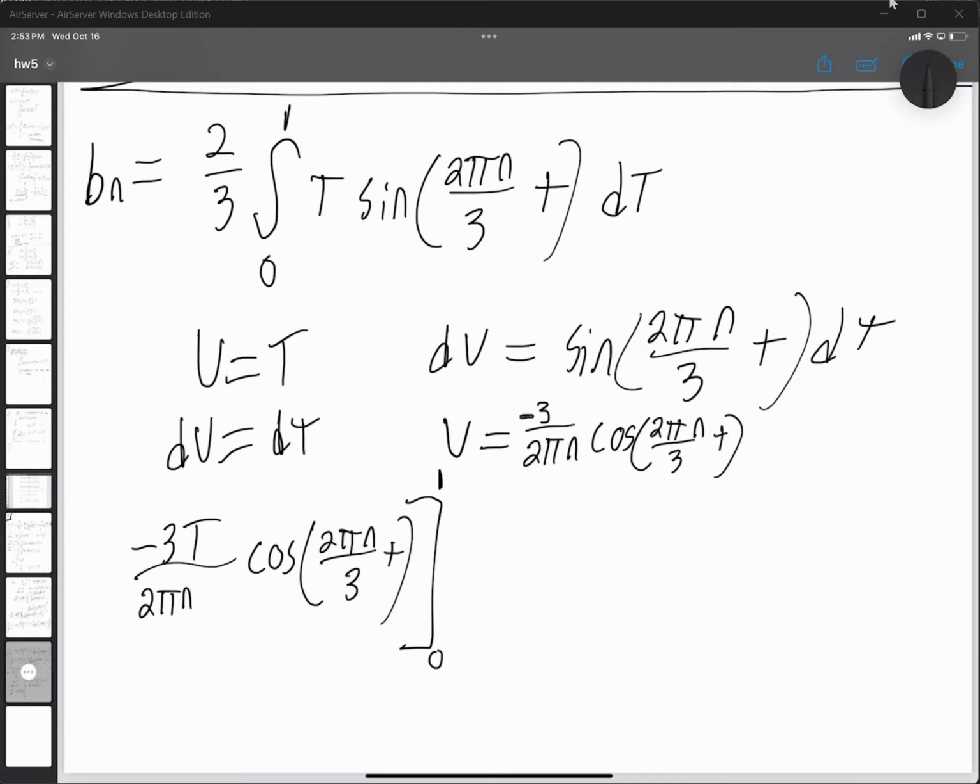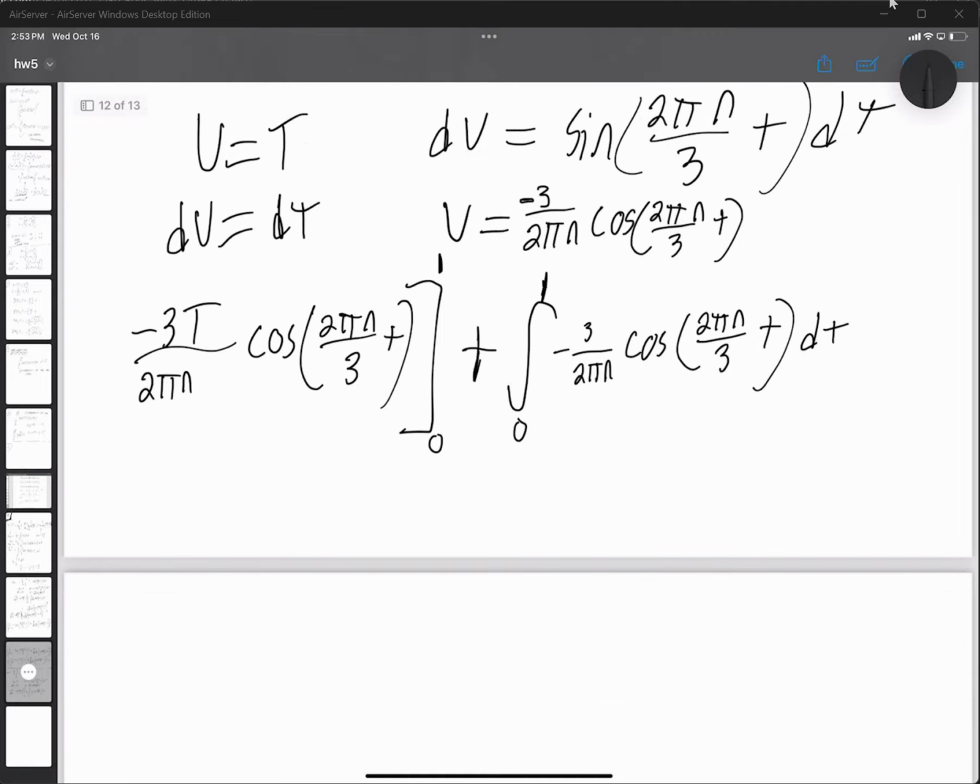I'll do that and complete that left side in a second. Then plus the integral from 0 to 1 of negative 3 over 2 pi n cosine 2 pi n over 3 t dt.